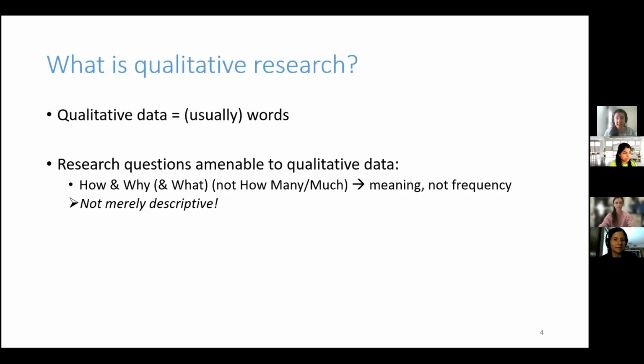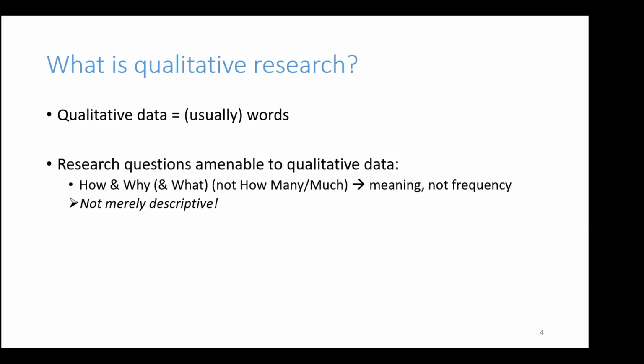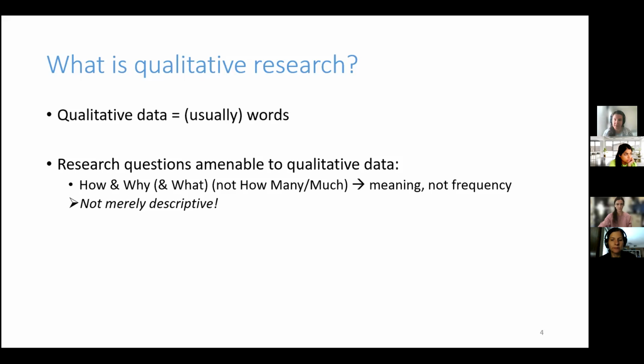Generally speaking, qualitative studies are looking to answer questions that begin with how, questions that begin with why, sometimes questions that begin with what, but generally speaking, qualitative studies are not trying to say how many or how much. Essentially, qualitative research is trying to get at the meaning of things, not the frequency of things. So this is really about meaning and context.